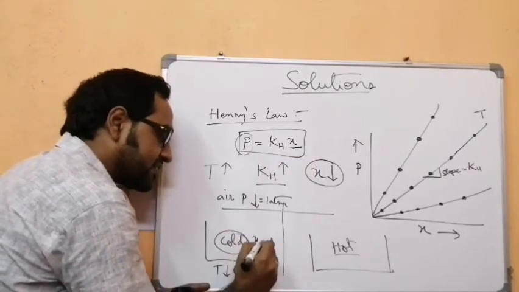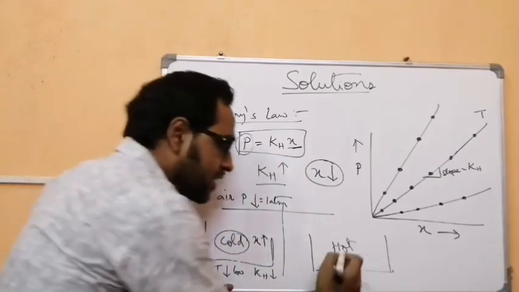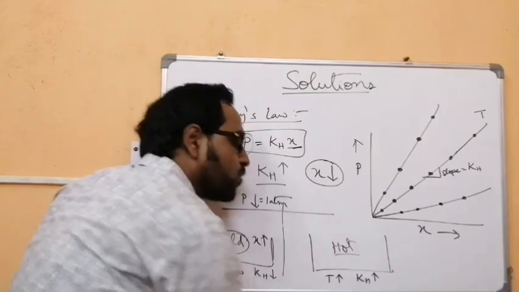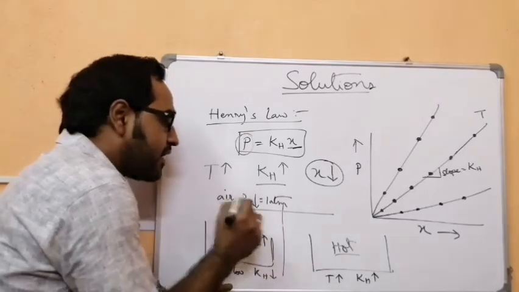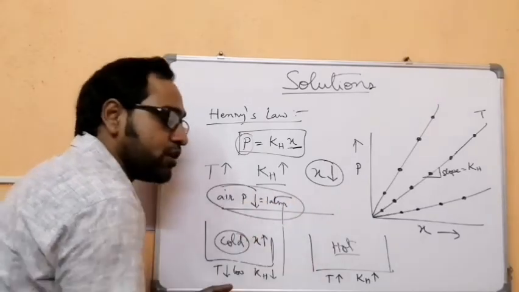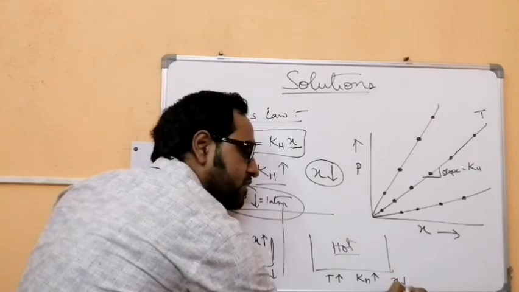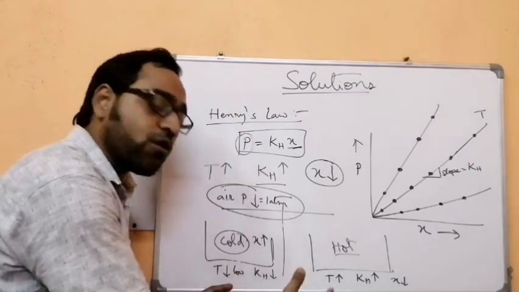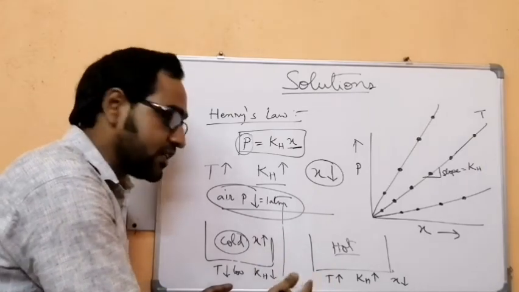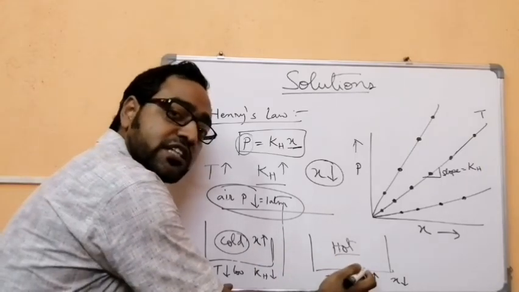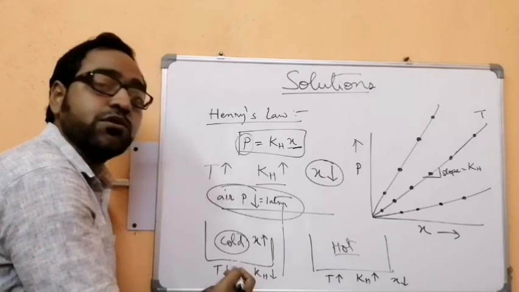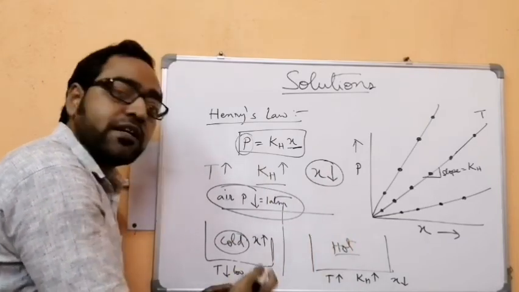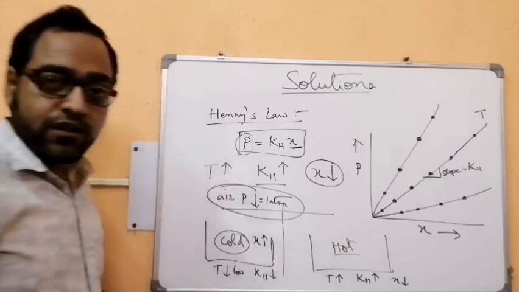So here X is greater. Here when temperature is high, the Kh value is also high, but the external air pressure is only 1 atm, so X value decreases. That means the solubility of dissolved oxygen decreases during summer and it increases during winter. That is, aquatic life is more suitable in cold water than in hot water.